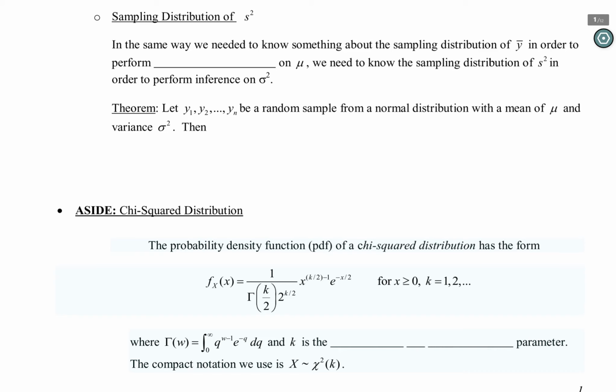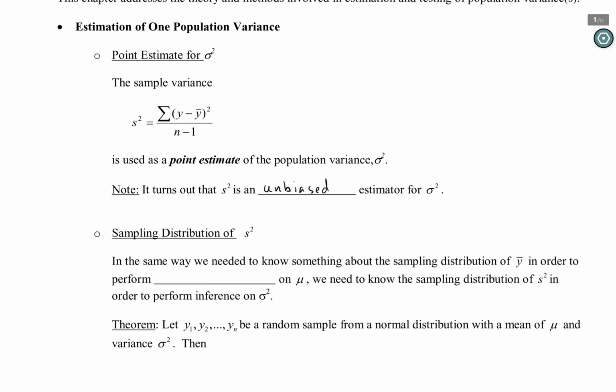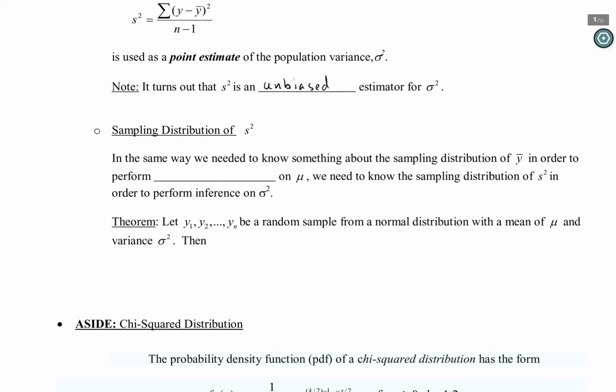Next we're going to look at the sampling distribution of S squared. It's not enough just to have a point estimate for a parameter. Those are often too rigid, so we want to develop an interval estimate as well as a hypothesis test for the parameter. In order to do that, we need to know something about the sampling distribution of S squared.